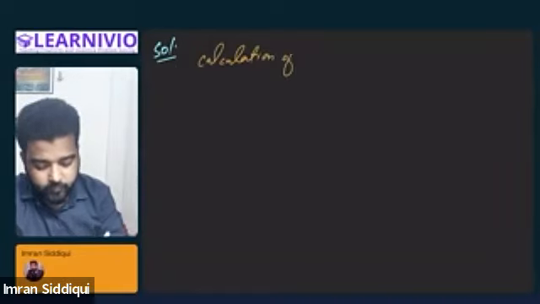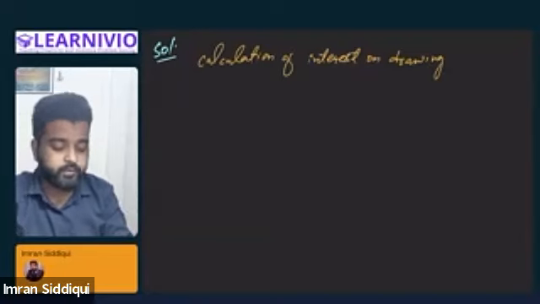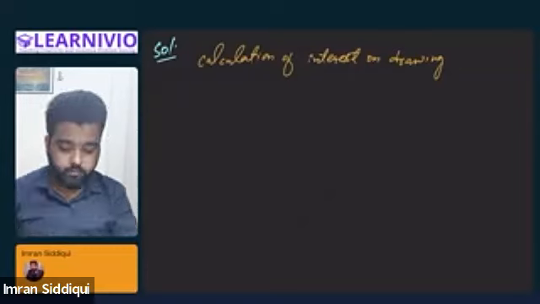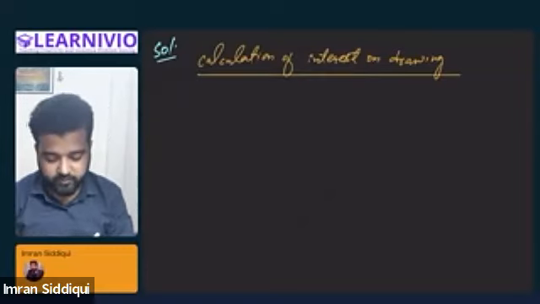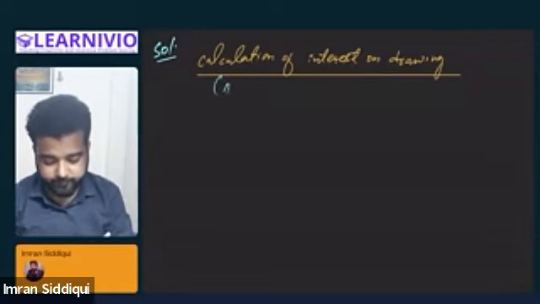Calculation of interest on drawing. And which method are we following? We will be following the average period method.